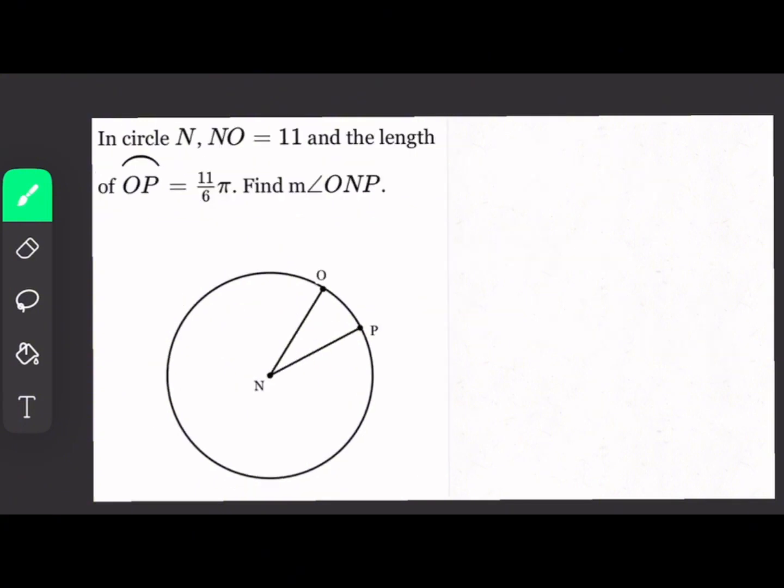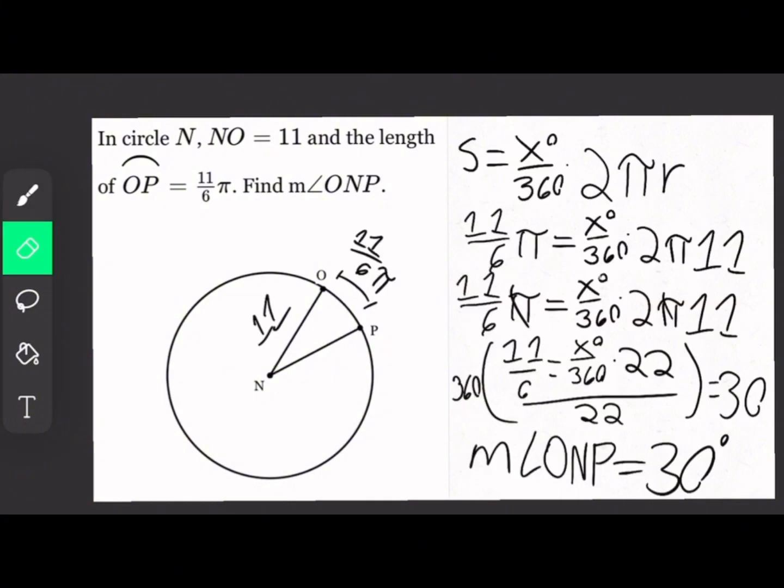Sorry, guys. Alright. So, in circle N, NO equals 11, and the arc length of arc OP equals 11 over 6 pi. Find angle ONP. This should be easy if you remember the radian formula.